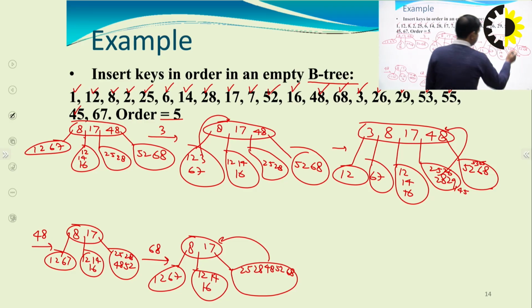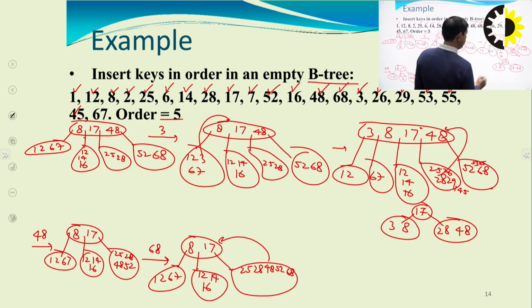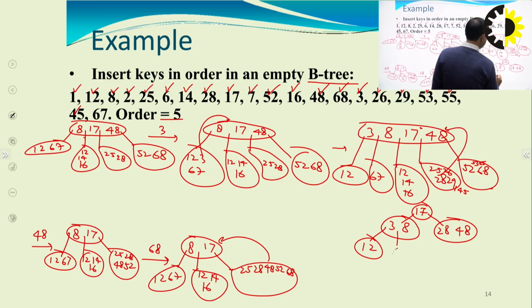Then we will move this value here. When 28 comes, again the condition will be violated and the mid value will go up. If 28 is coming here, then 17 will go up. Here will come 3 and 8. Here will come 28 and 48. Here left side will be 1 and 2. Here will be 6 and 7.